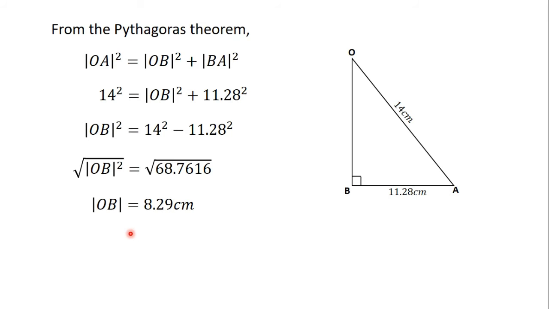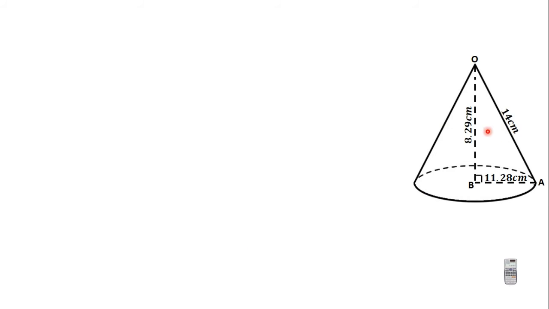The question said we should leave our answers in 2 decimal places. So OB is equal to 8.29 centimeters. Therefore, the height of the cone is 8.29 centimeters.